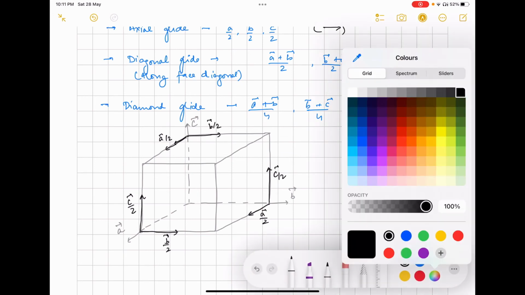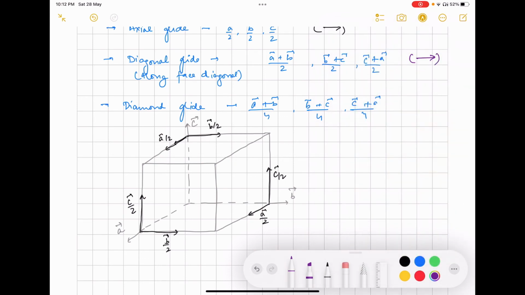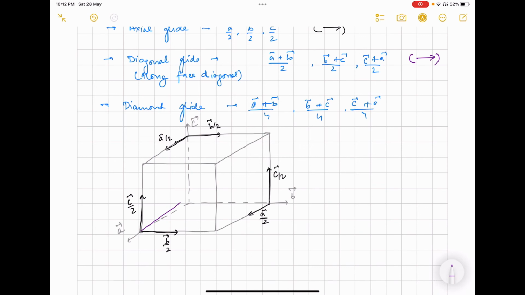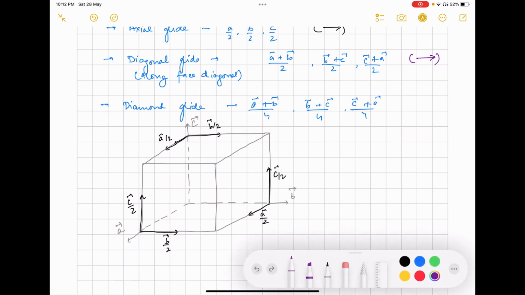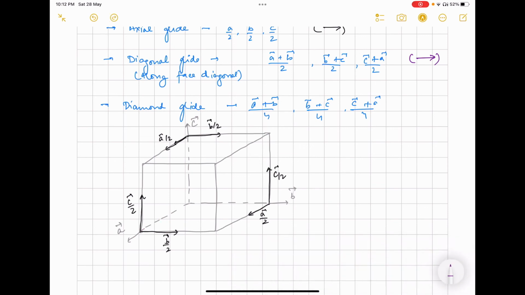So now, if I go for diagonal glide, this is a, and this is b vector plus c vector by 2.